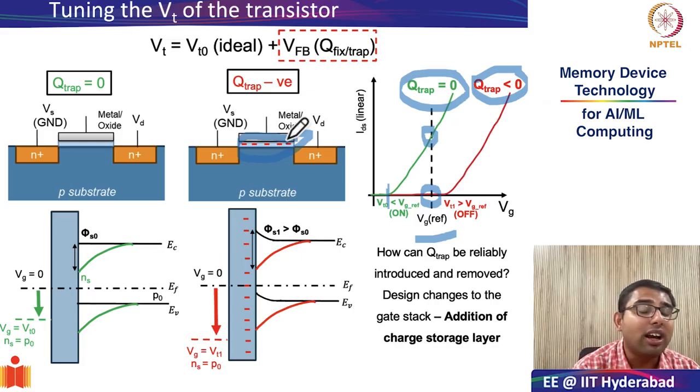A charge storage layer will hold on to these charges permanently till you remove them, and you will be able to easily store and remove charges from the charge storage layer, which will tune the threshold voltage of your modified transistor, which is nothing but a flash cell.